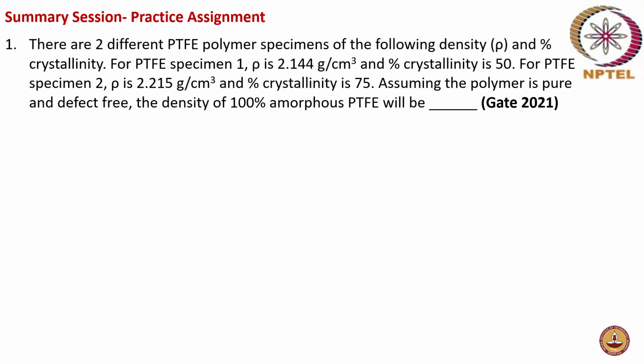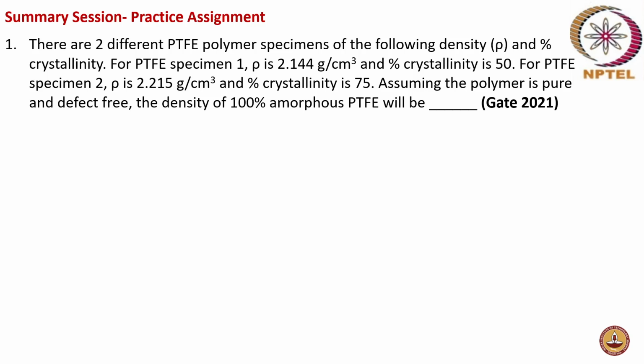But how will I connect the equations? What are the informations they have given? They gave densities of two specimens and percentage crystallinity.